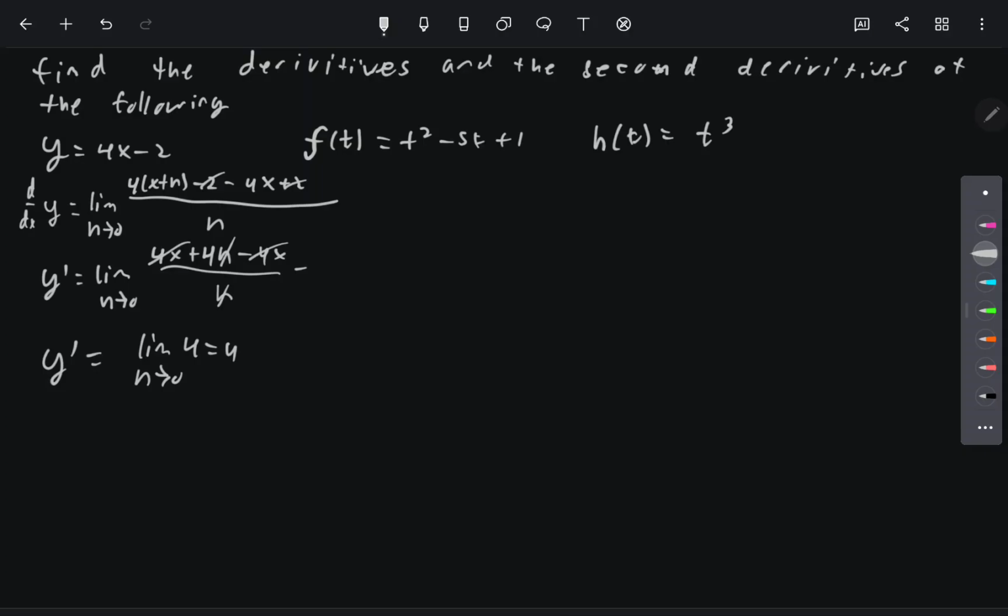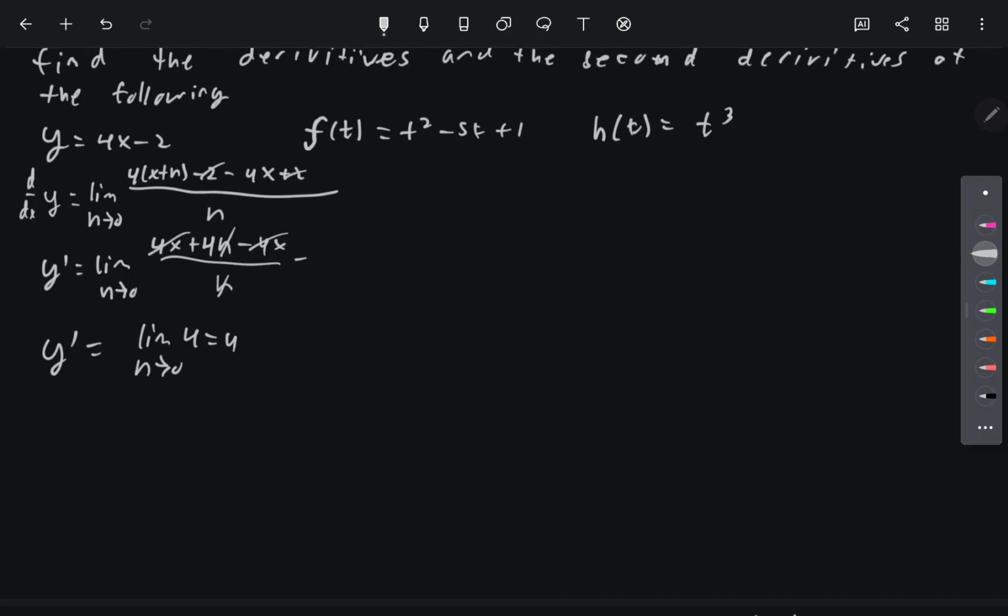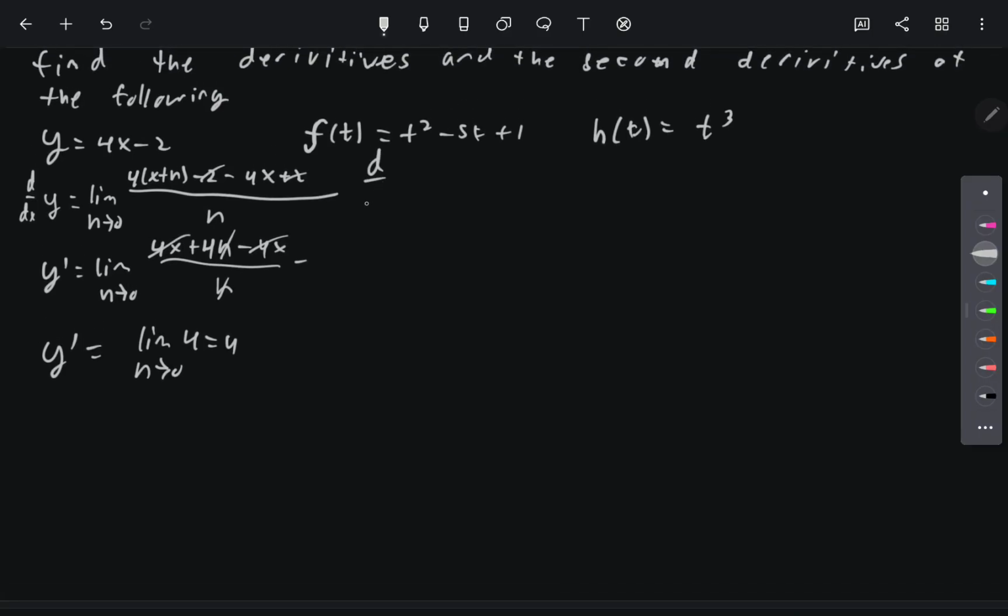Continuing on, we now have f of t is equal to t squared minus 5t plus 1. So we want to take the derivative with respect to t. We're not going to use dx here. We're going to use dt since we're differentiating a function with respect to t.